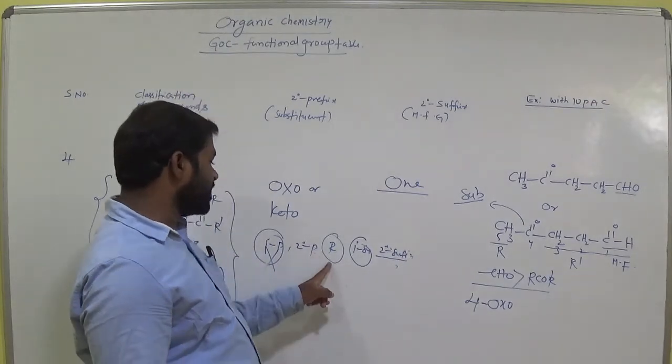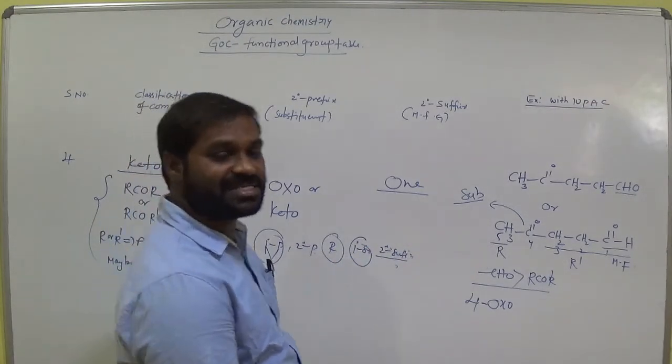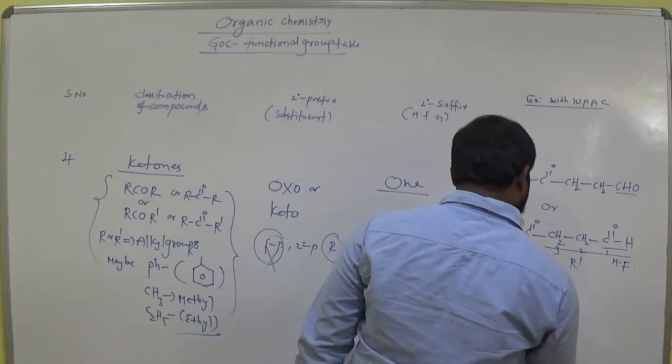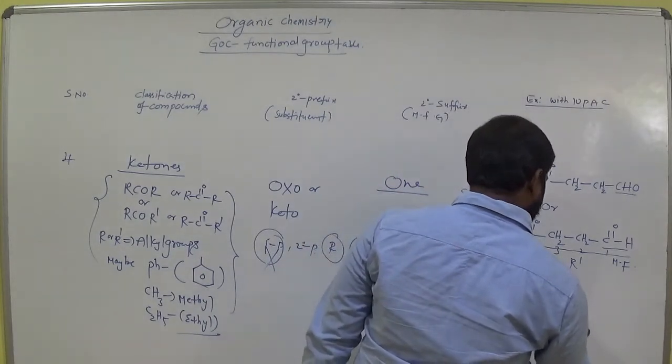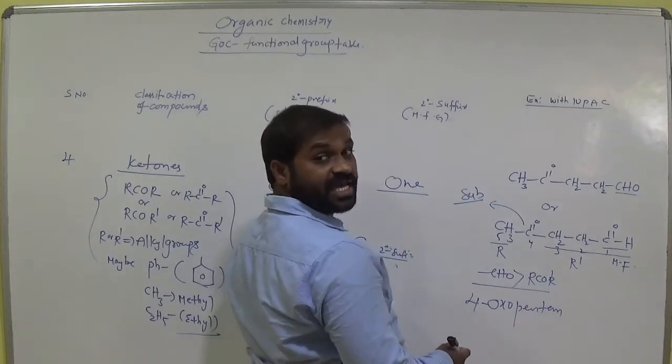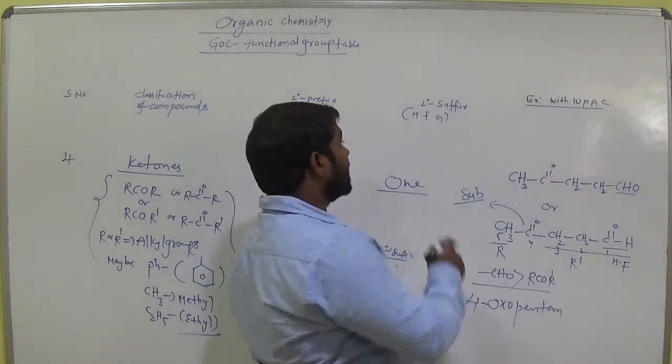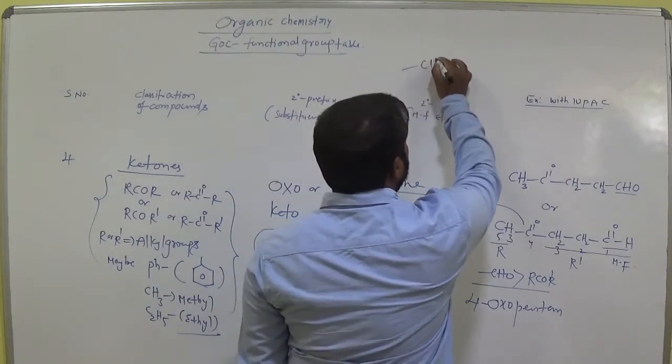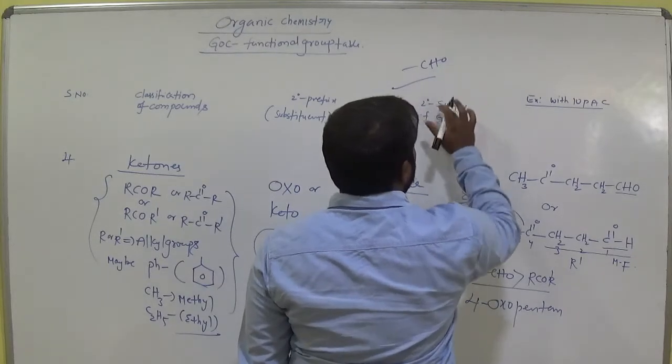Then after the secondary prefix, we have the root word. How many carbons does it consist of? 5 carbons. 4-oxo pent-a plus al. CHO is there, so what do we give? The secondary suffix "al", for aldehyde as the main functional group.